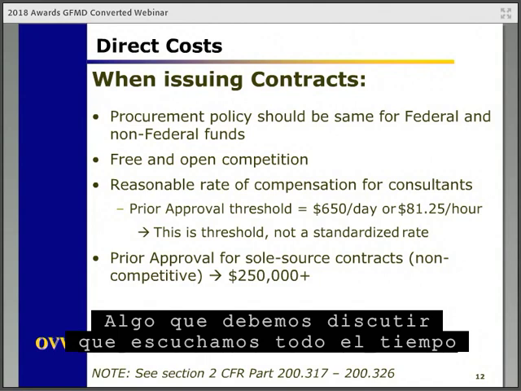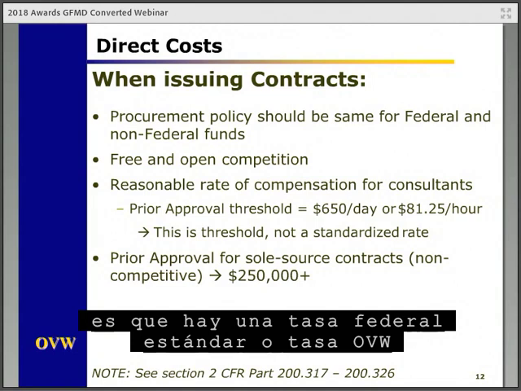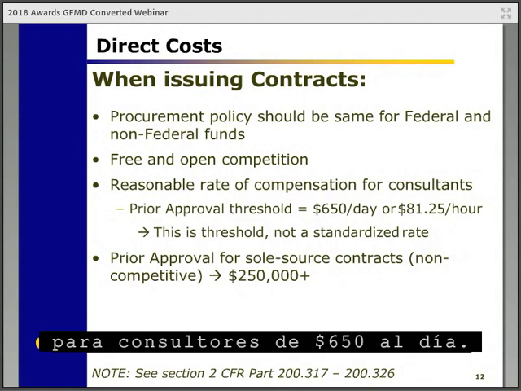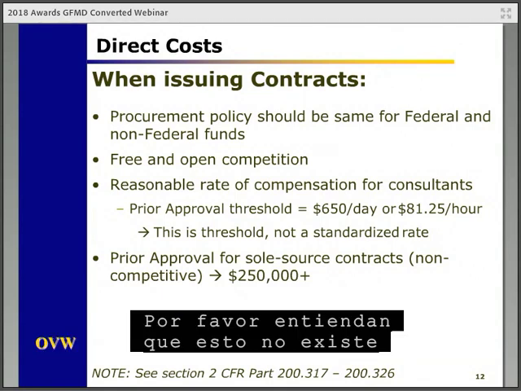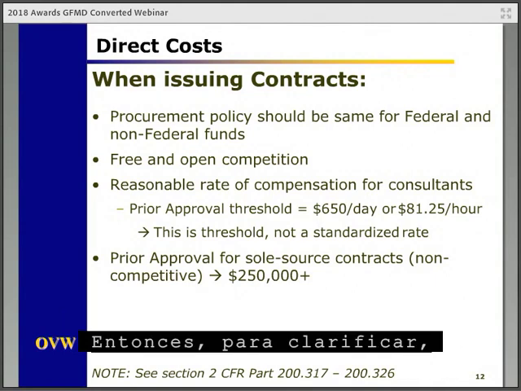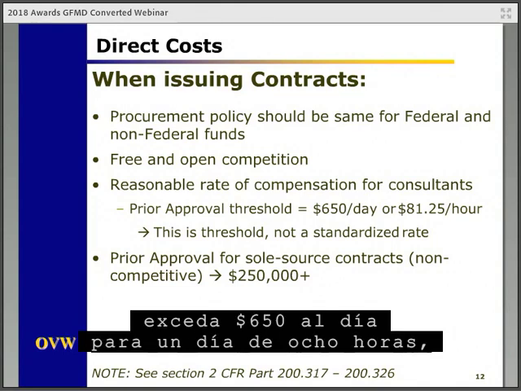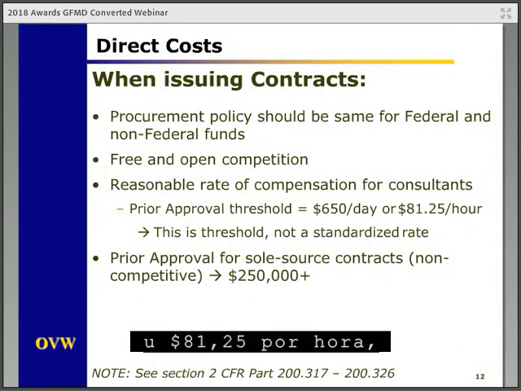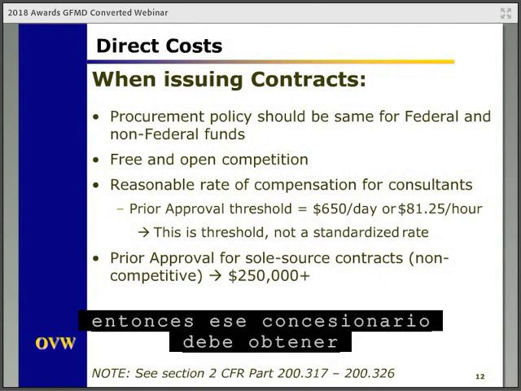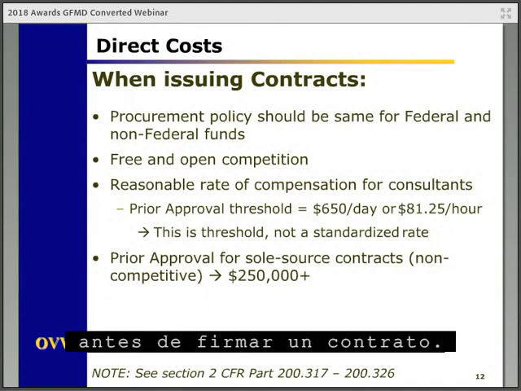Now, something we have to discuss is that we hear all the time, and we see in budgets all the time, that there is a standard federal or OVW rate for consultants of $650 per day. Please understand, this doesn't exist and is commonly confused with a threshold that we have. So to clarify, if a consultant's rate is expected to exceed $650 per day for an 8-hour day, or $81.25 per hour, then that grantee must first obtain prior approval for that rate before entering into any contract.